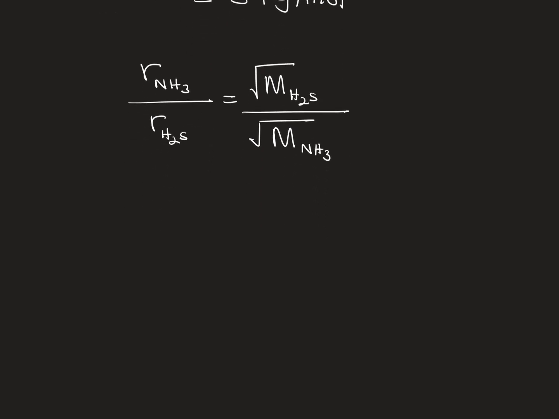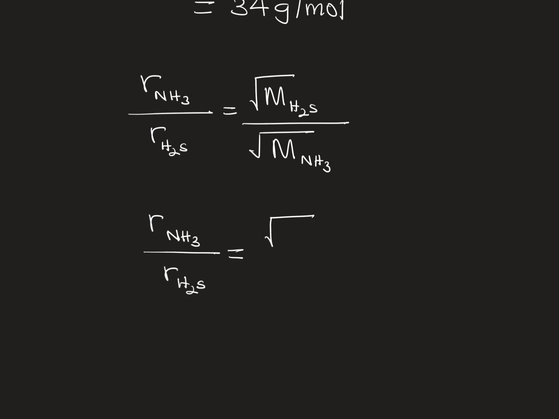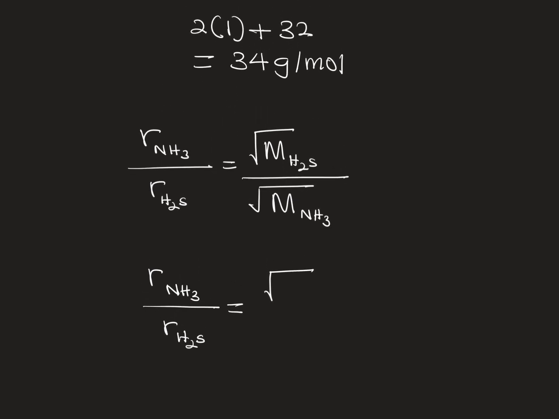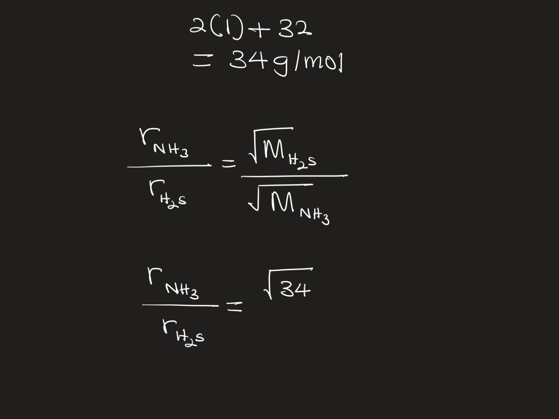So that is the rate of diffusion of ammonia gas all over the rate of diffusion of hydrogen sulfide gas is equal to the square root of the molar mass of hydrogen sulfide, calculated as 34, all over the square root of the molar mass of ammonia, calculated as 17.